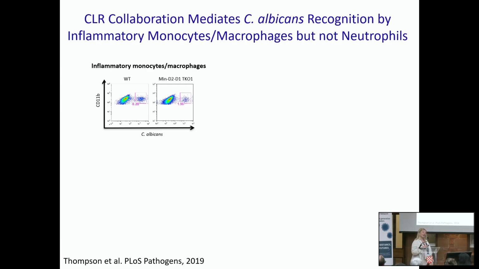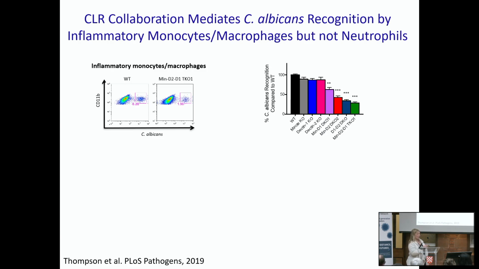We then incubated them with labeled Candida albicans for just 15 minutes, and checked on flow how much Candida bound to the cells. Looking at the inflammatory monocyte macrophage population, you can see a nice recognition and binding of Candida albicans to the wild-type cells, and this was reduced in the triple knockouts.